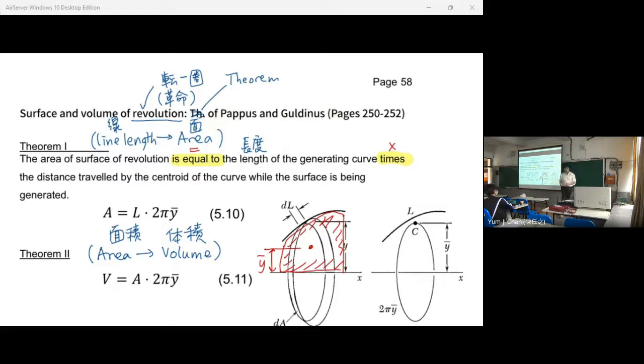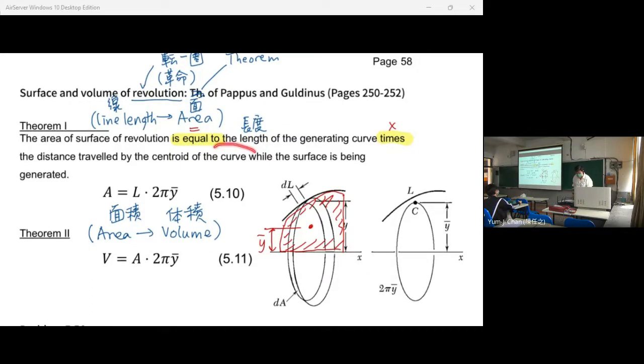So the centroid of the curve is this one, and the distance traveled is how far it goes.